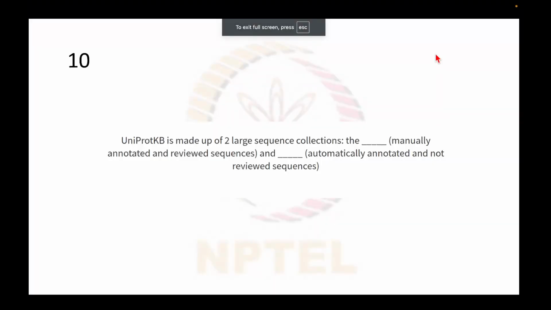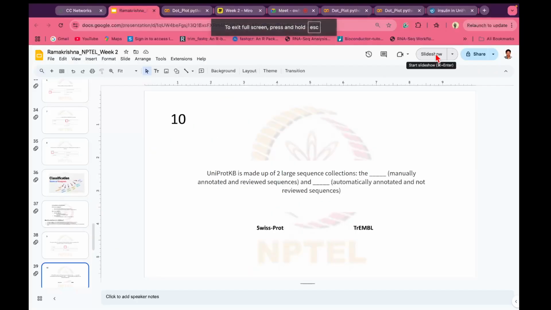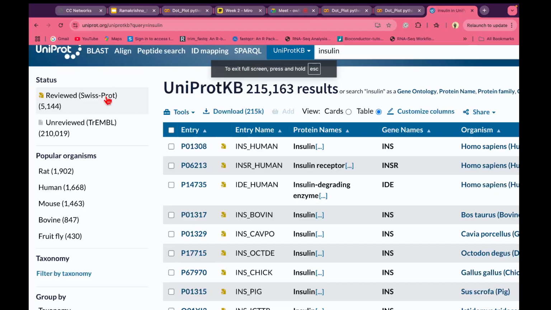So SwissProt in UniProt has manually annotated and reviewed sequences, and TrEMBL has automatically annotated and not reviewed sequences. Similar description. Reviewed is SwissProt, unreviewed is TrEMBL.